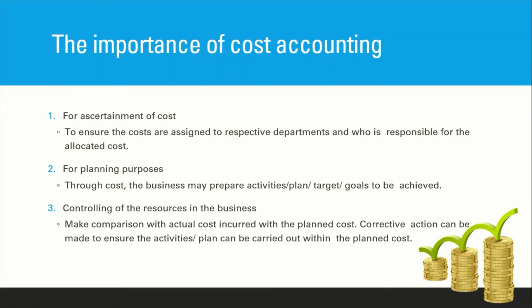We have to ensure the allocation to the departments is correct so that waste will not happen. Second is for planning purpose, which is through cost, the business may prepare activities or plan or target or goal to be achieved. For example, Department A targets to achieve sales of around 30,000 this month.